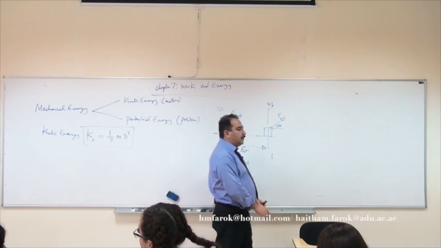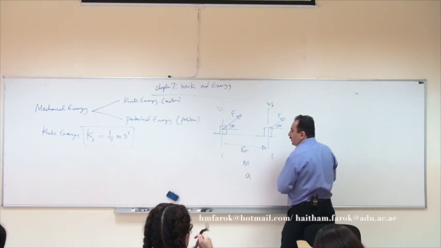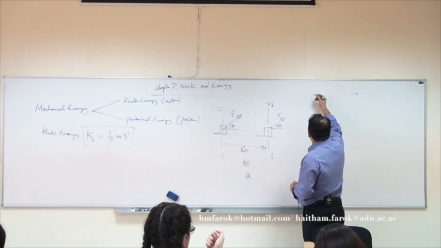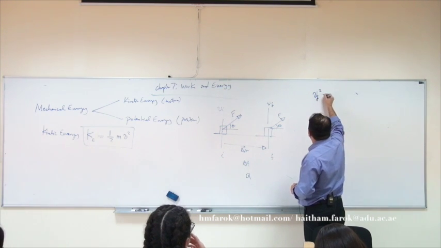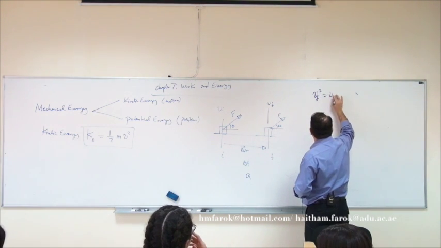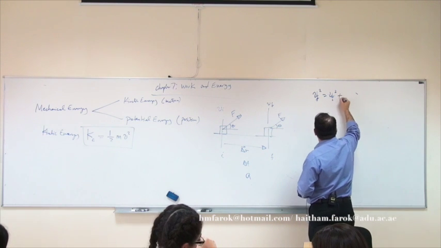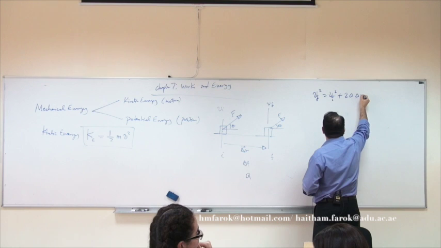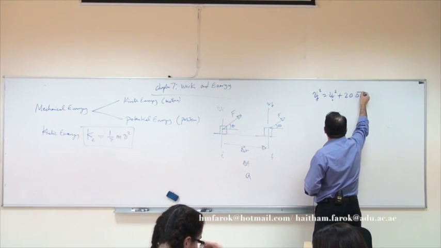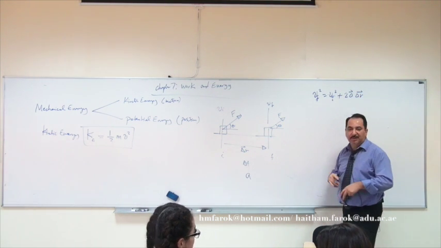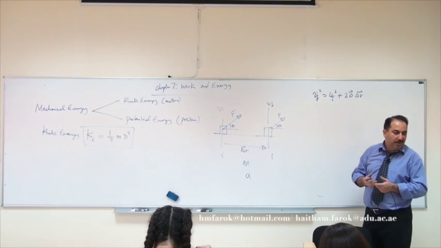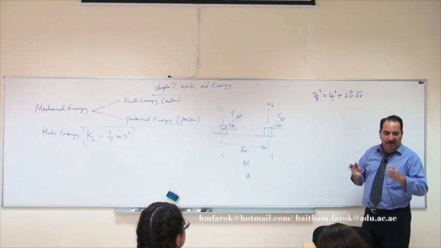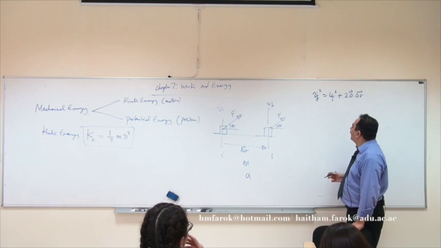If I use the equations of motion on this object, one of the equations of motion is this. Final velocity squared equals initial velocity squared plus twice acceleration dot delta r. Here I'm talking about an object moving in more than one dimension, yeah? Three dimensions in space, the general case, and then we take it specifically here.